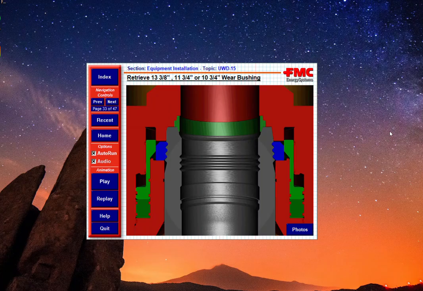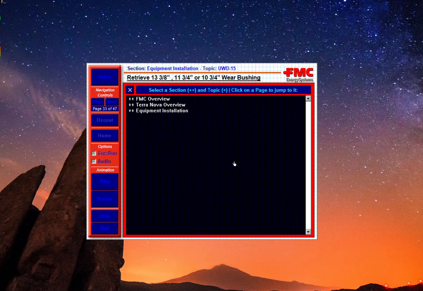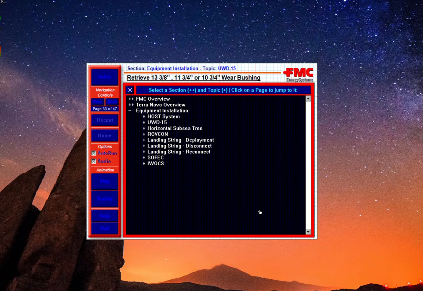All right, this is a repetition from here on. All the casings are basically the same. They will have either a bore protector or wear bushing while drilling on top of the previous casing hanger. You drill the section, you retrieve the wear bushing.